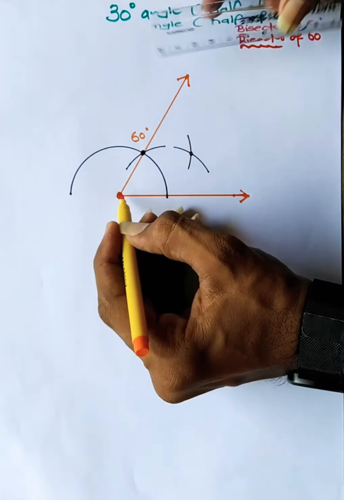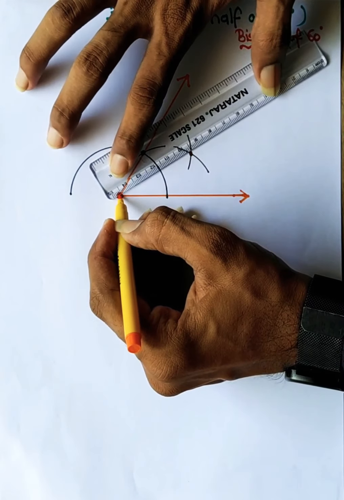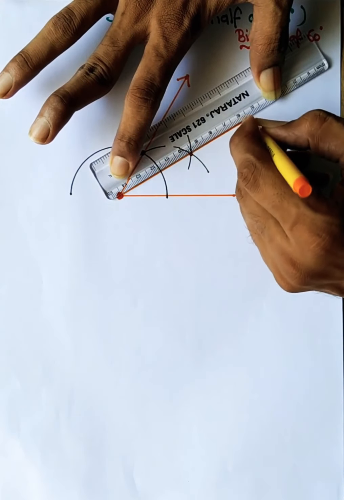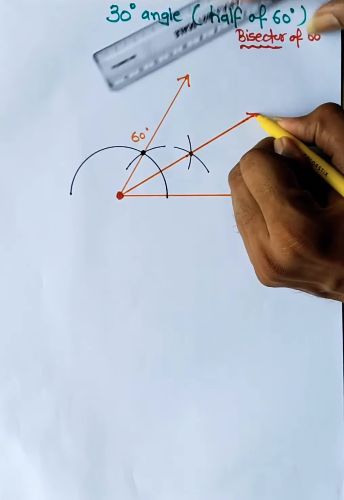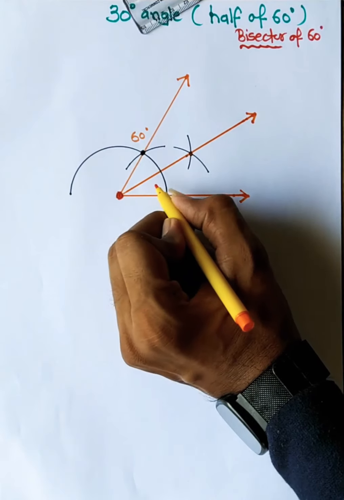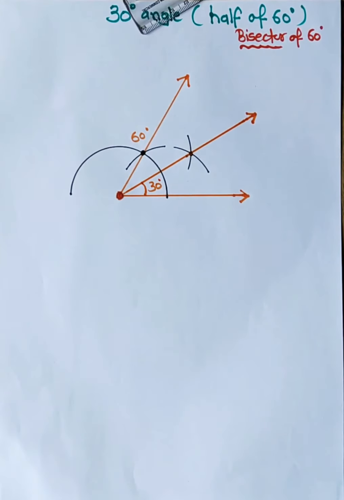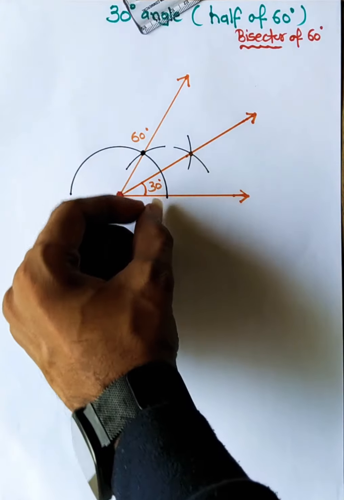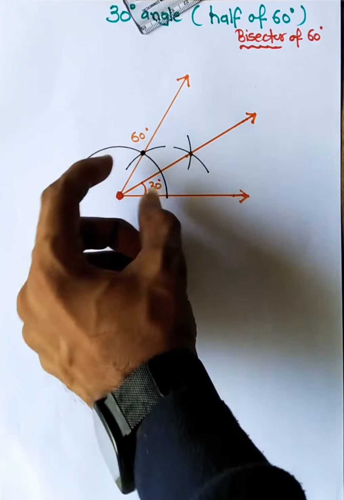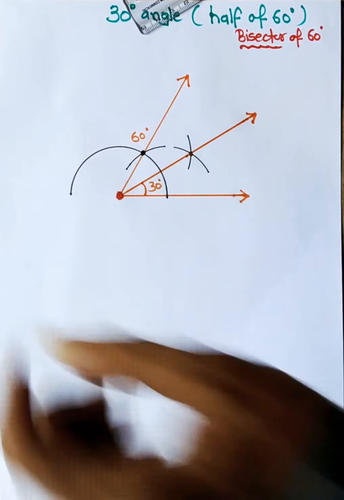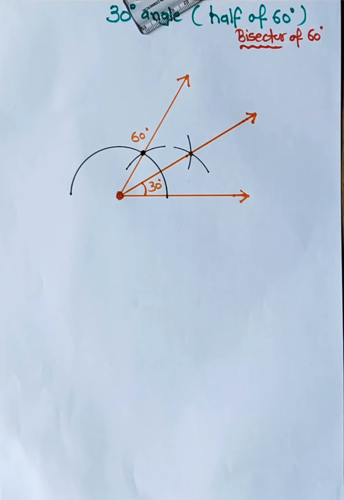So now I will join the previous vertex or end point and will draw this arm. This angle, this one, is the 30 degree angle. Clear? So what we did, we drew the bisector of 60 degree. For bisector, just take care of these 2 points, one arc from this point, one arc from this point. Clear?